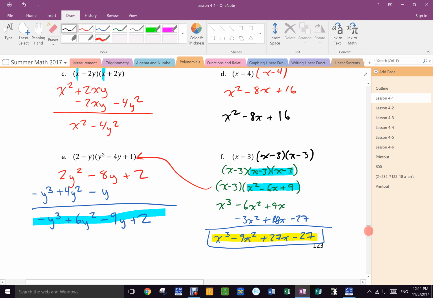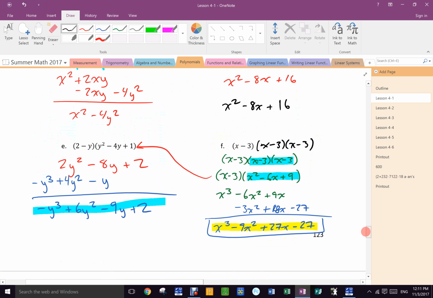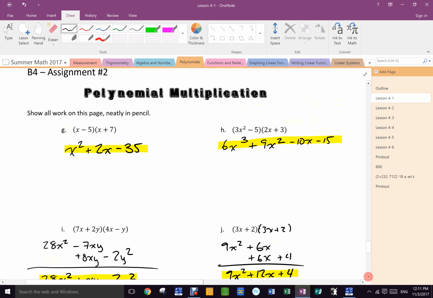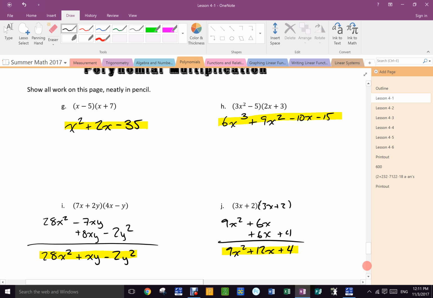Everybody good up to page 123? Sweet! There's page 124. Check your work. Make sure you can do it because you're having a quiz on this on Monday, and it's the last time I'm going to specifically talk about it. On polynomial multiplication.